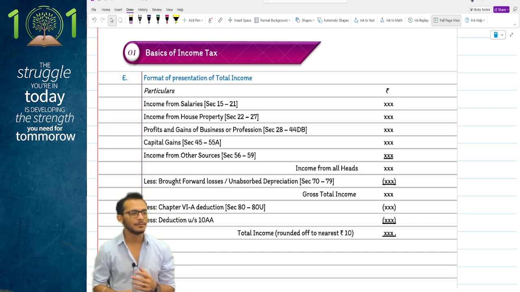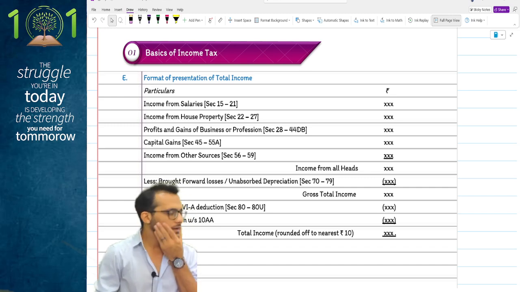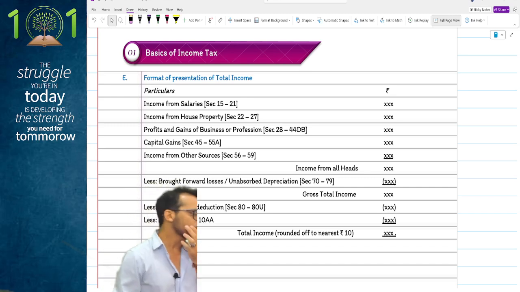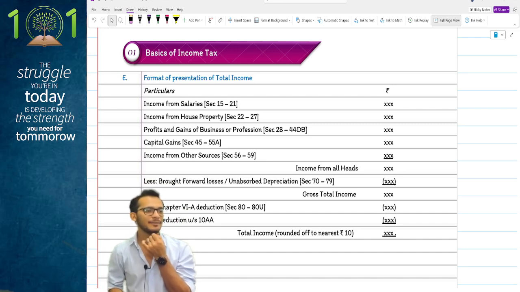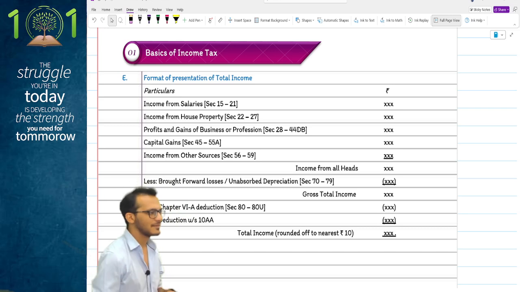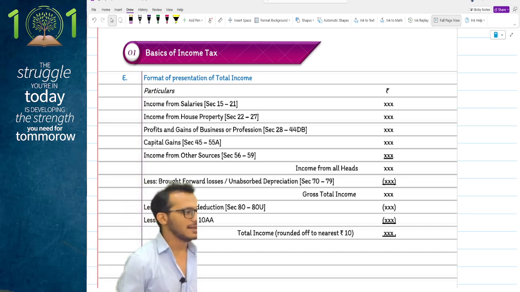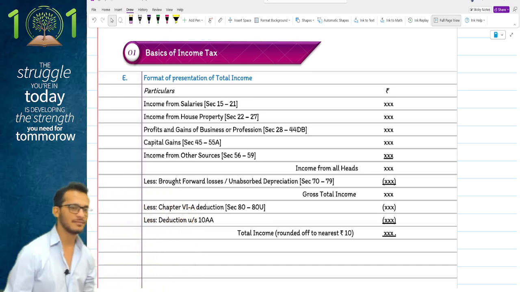Next, step number 16, file return of income and master file. If it is applicable, you will file; if it is not, it's not.